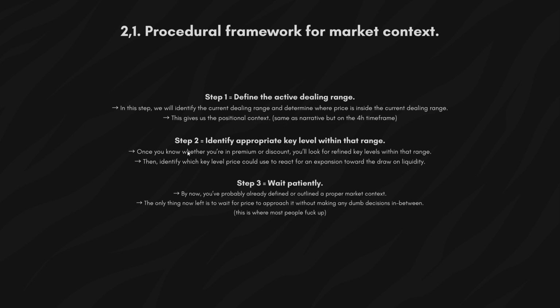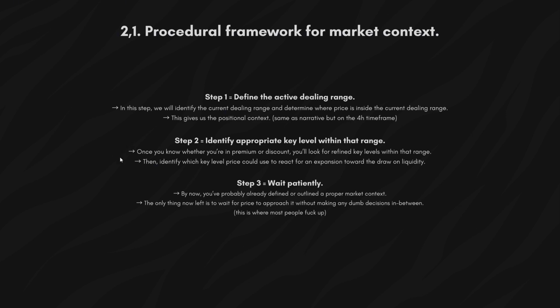In the second step, you will identify an appropriate key level along with a CRT within the dealing range, and then you will use them together to frame trades, or frame executions, on the lower time frame. Now we could have two scenarios here.